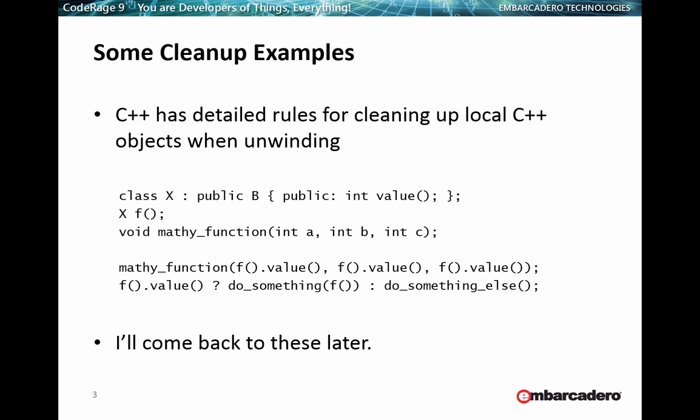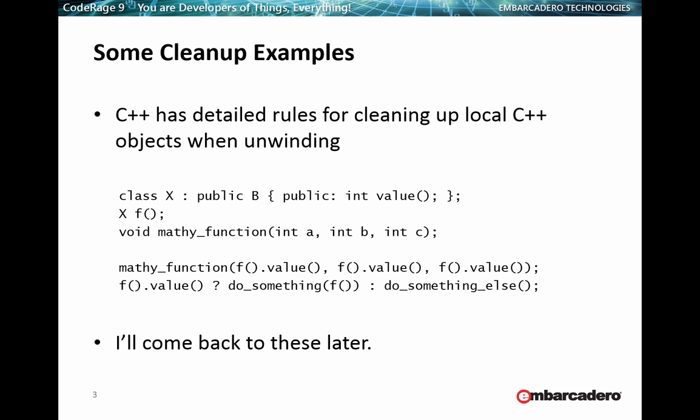So when you're creating the parameters for mathy function, the first call to f will construct an instance of the X class, and then it'll call the value function on that instance. Same for the second, same for the third. If an exception is thrown anywhere in there, for any of those three values or for any of the constructors, then the ones that have already been constructed have to be destroyed, and only the ones that have been constructed.